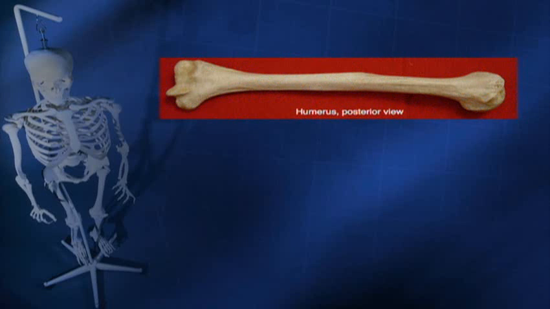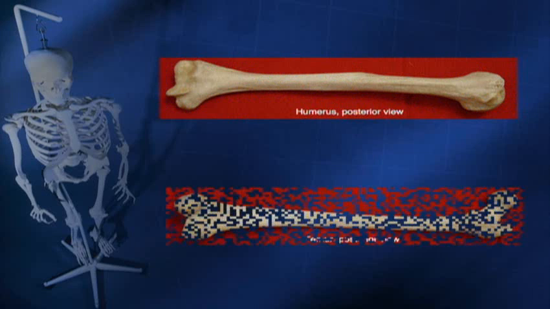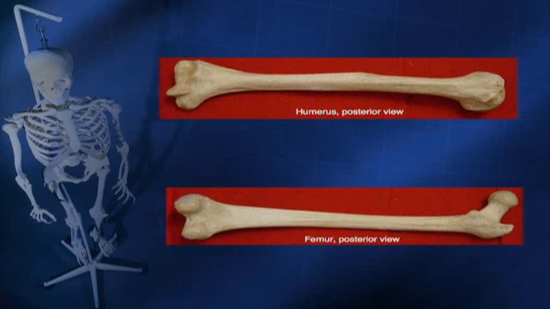Now, if we look at the screen, what we're also going to do is compare this. Let's look at a humerus and a femur, because those two bones have a lot in common. We just said that they both form ball and socket joints, so not surprisingly, a lot of the terminology is the same. Look at what the white lines are pointing to on the screen. The white lines are pointing to what?